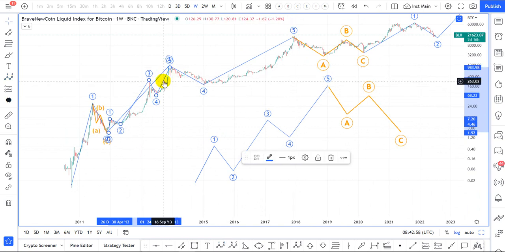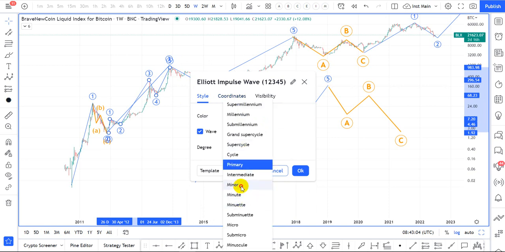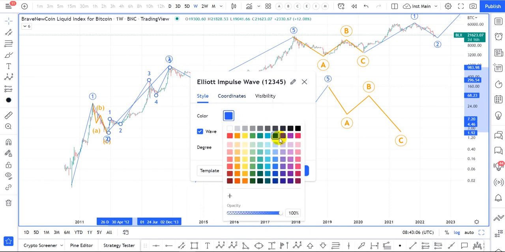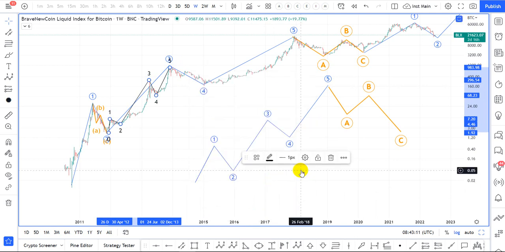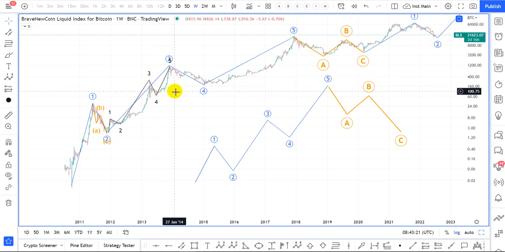Let's also mark it with a smaller degree, not the primary. Let's make it minor and select another color for that. And the same way you can go lower and lower. I mean, this wave can also be divided into 5 waves, and every retracement is an ABC correction. For example, here it's also ABC.